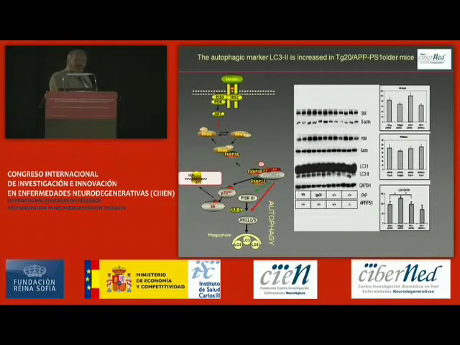It has been reported that Alzheimer's may have the autophagic pathway modified. We don't know if this modification is a direct modification of the pathology, or if this is a response of the neuron against the pathology. So that is something that has to be confirmed.